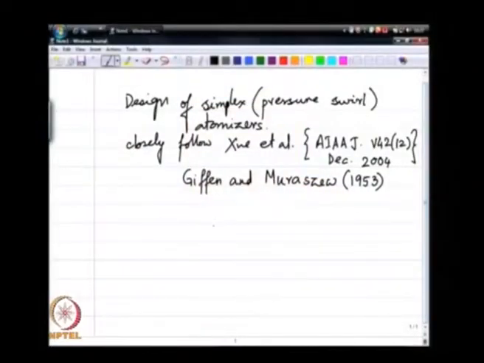Now, let us first draw a schematic of what it is that we are talking about.